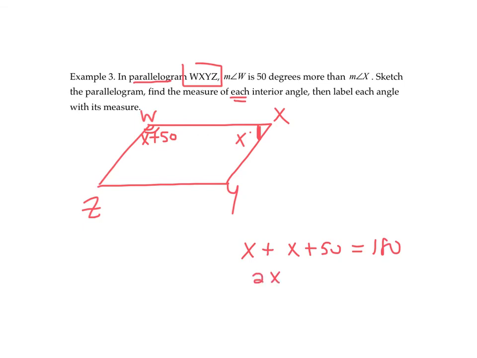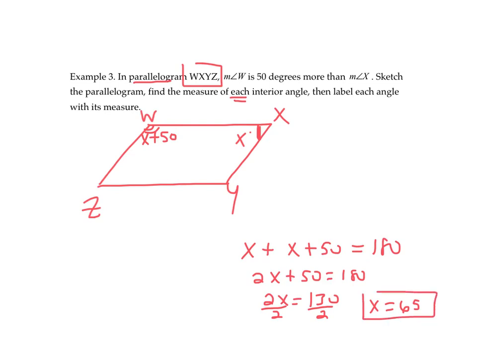So we've got 2x plus 50 equals 180, or 2x is equal to 130 when I subtract 50 from both sides. Divide both sides by 2, and we get x is equal to 65.